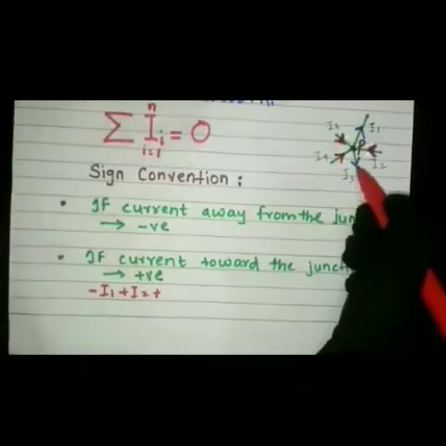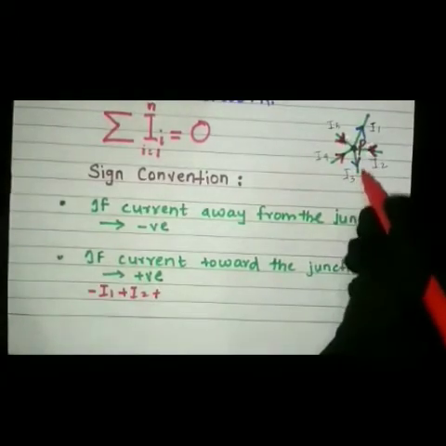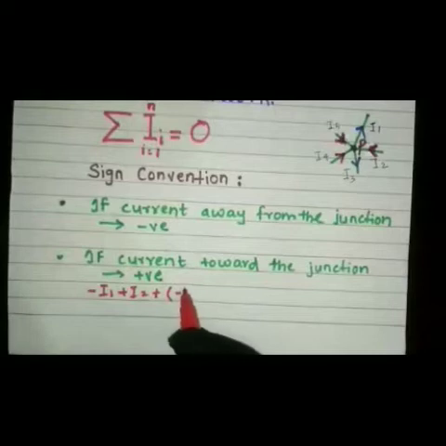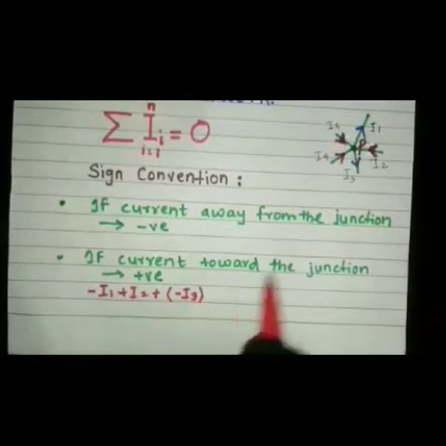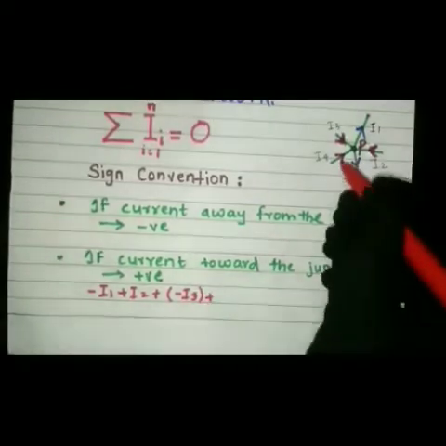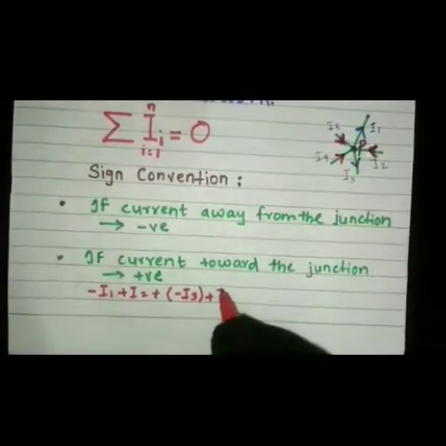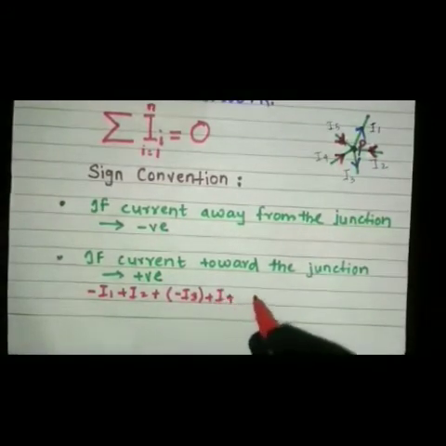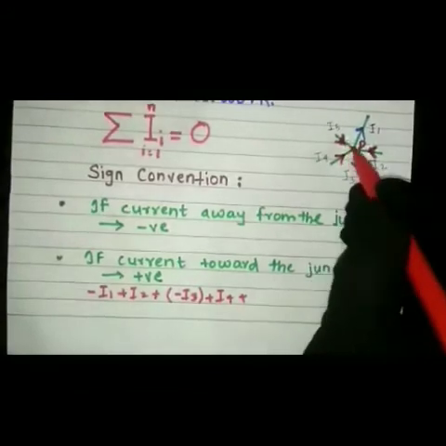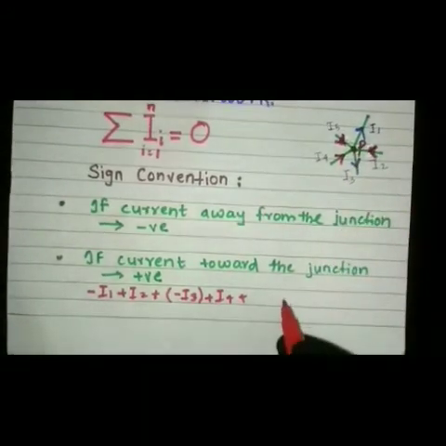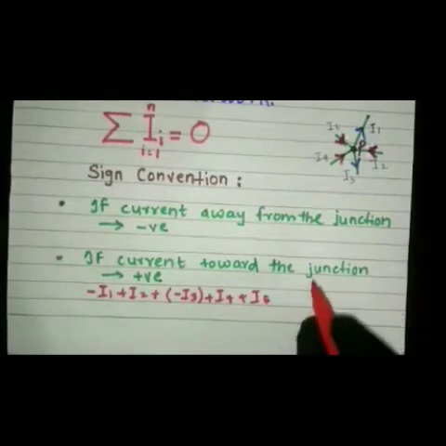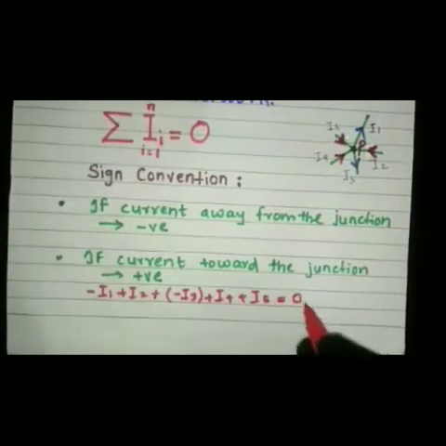Plus I3, it is again leaving the junction, so I3 will be minus. Plus I4 is towards the junction, so it will be positive. Plus I5 is again towards the junction, so again it will be positive. Nothing else is there, so all is equal to 0.